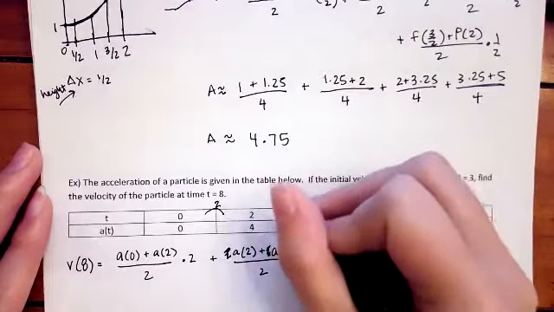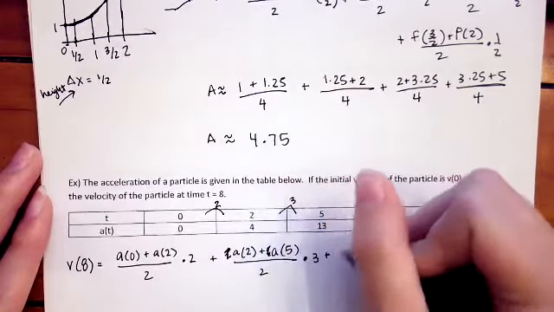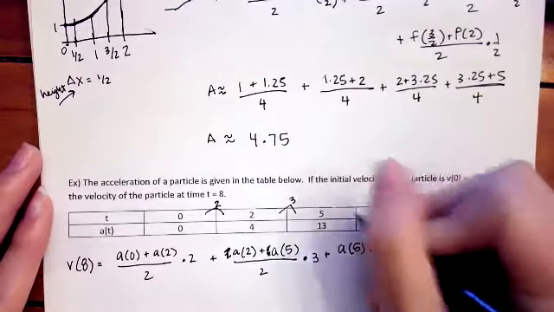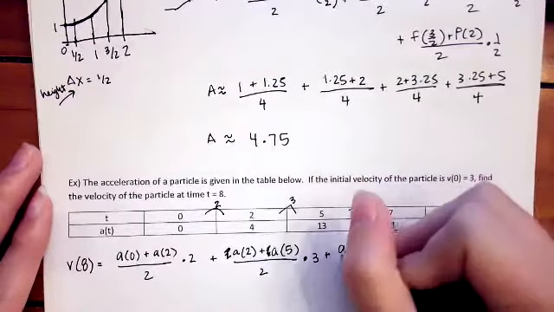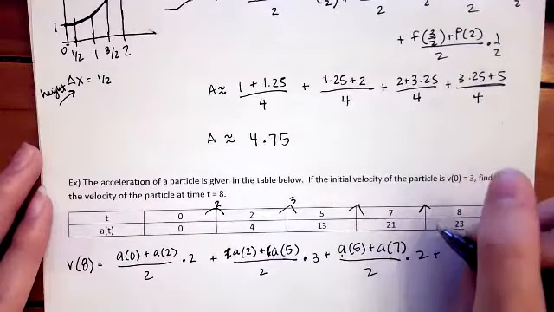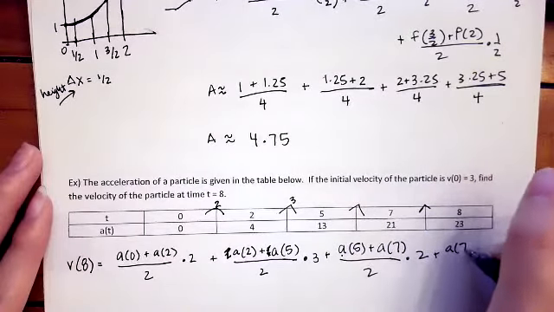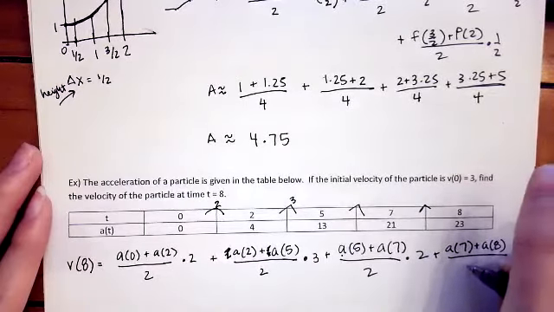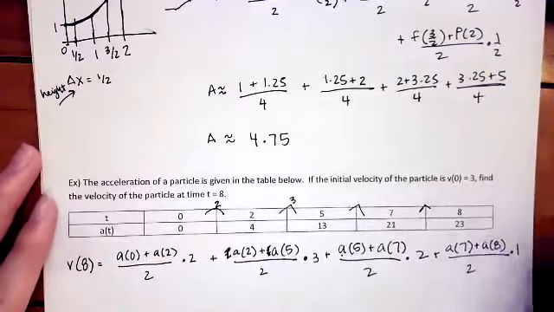Our width between those is 3. A of 5 plus a of 7. Our width there is 2. And then a of 7 plus a of 8 with a width of 1.